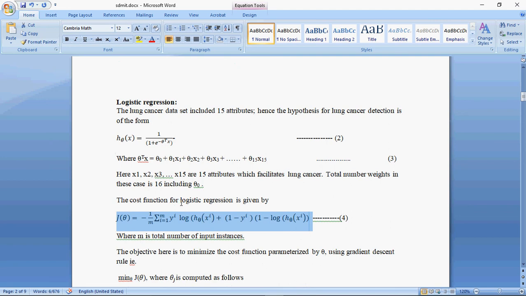When you estimate J of theta, this cost function depends on theta. If theta changes, J of theta changes. So when you set a value of theta and estimate h theta of x, then you substitute h theta over here, and y of i is your predicted answer. Assume the cost comes out to be 0.9.